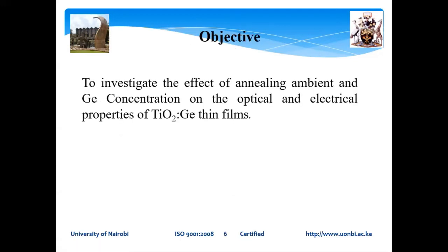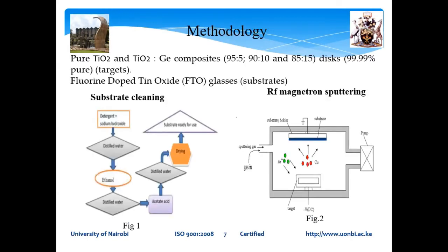So our major objective of this work is to investigate how the annealing ambient or atmosphere and the germanium concentration affect the optical and electrical properties of TiO2 germanium thin films for photovoltaic application.